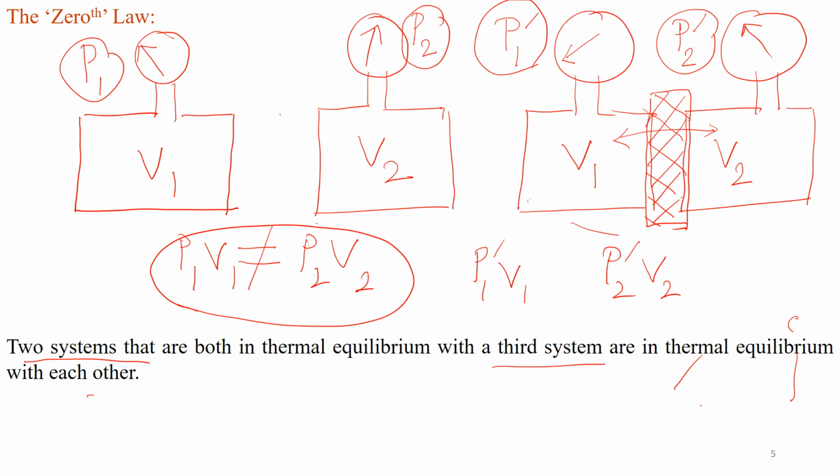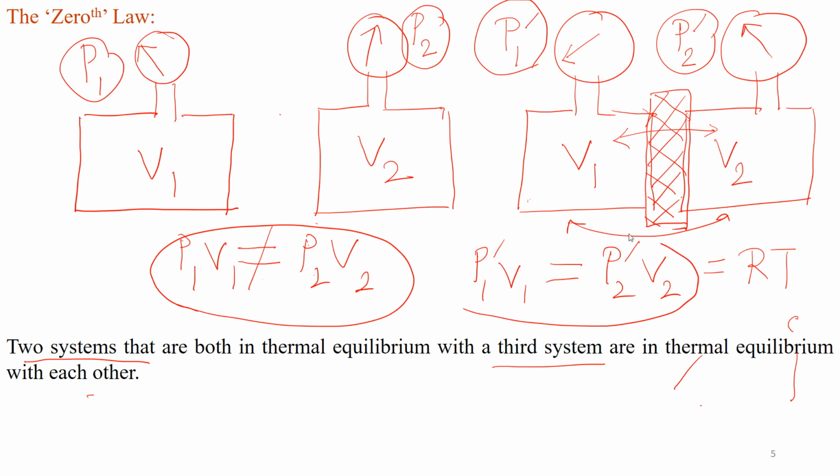So initially our choice was that P1 V1 was not equal to P2 V2, and that's why when we brought them into thermal contact, the pressure of each system changed. Under thermal equilibrium, since they have the same temperature, say T, P1 prime V1 is equal to RT, and also P2 prime V2 is equal to RT.